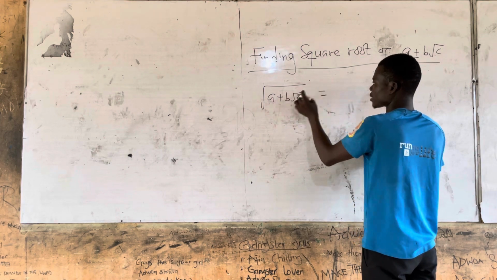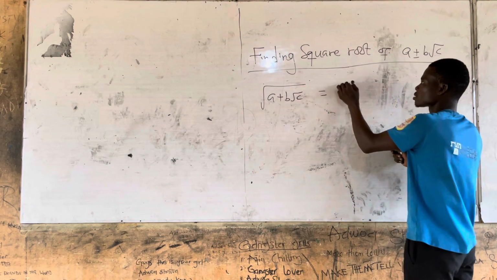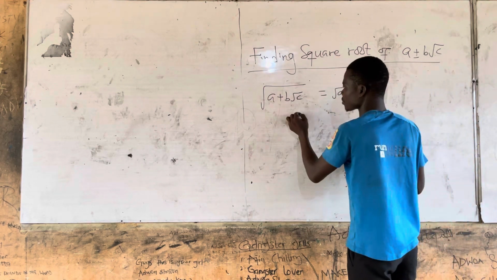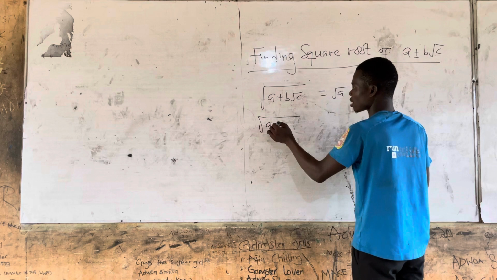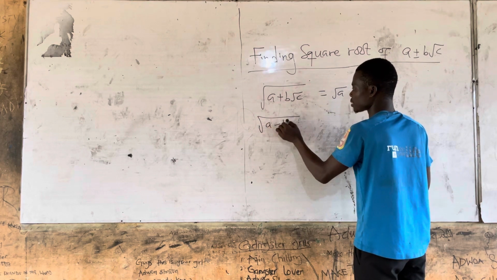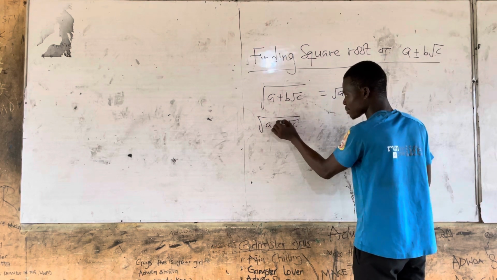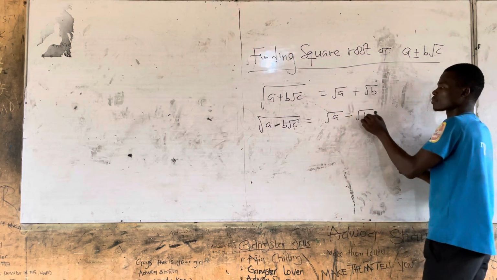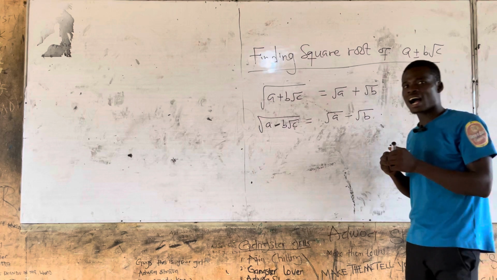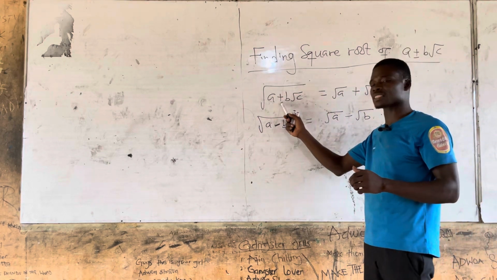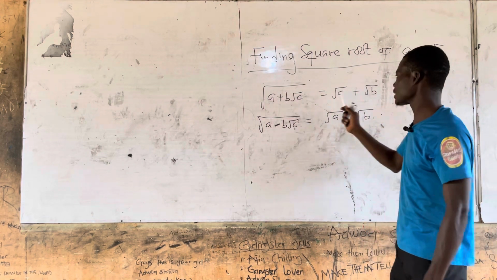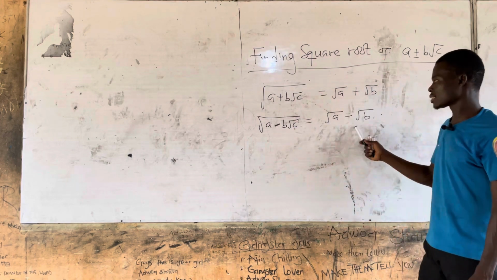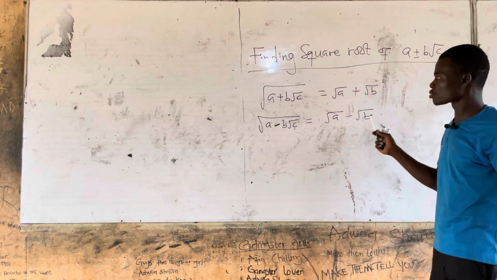So the identity for this is root a plus root what? B. And if we have root of a minus b root c, since here is minus, then its identity is root a minus root what? B. So under the radical signs, if the operation sign here is positive, then this is the identity for it. And if here is negative, this is the identity we have to go by.